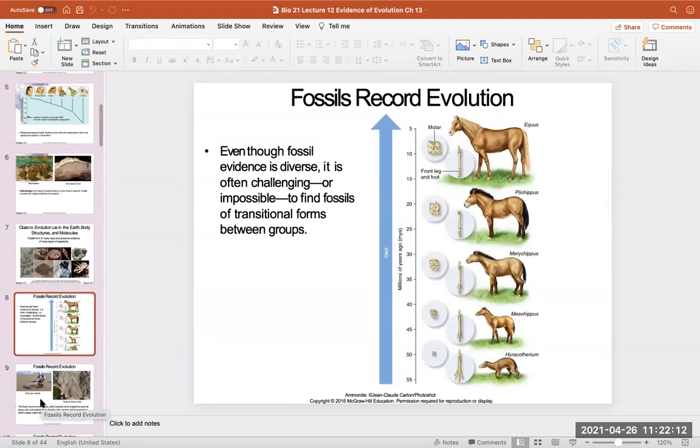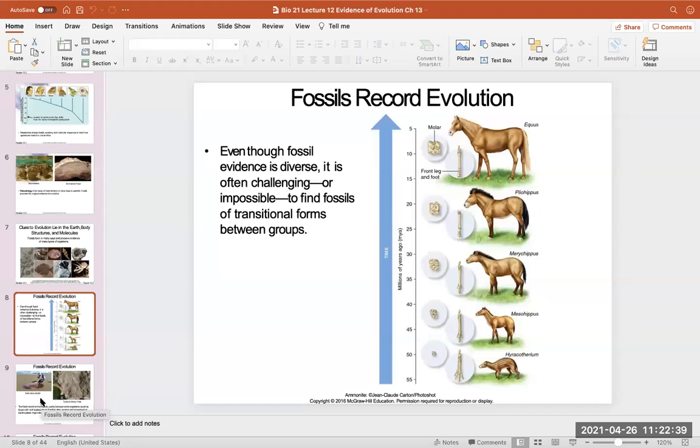Destruction due to environmental changes. If an organism is made up of a calcium carbonate shell, and another one is made up of soft tissue, maybe a liver or pancreas, which one's going to get preserved?